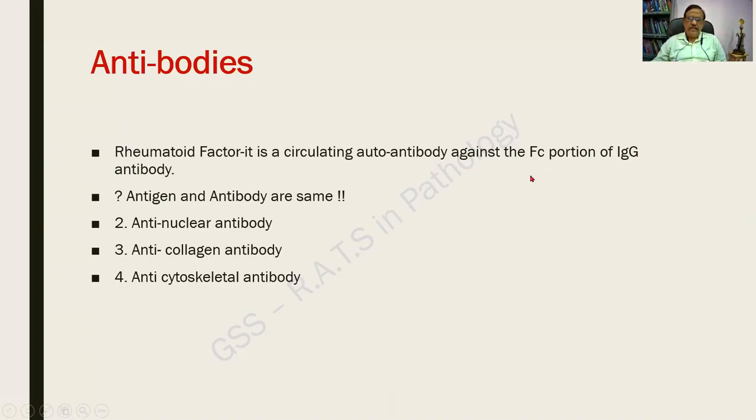It is one strange disease where an antigen itself can be the antibody. The same IgG can act as an antigen as well as an antibody. Antigen and antibody are the same. Apart from this, there can be anti-nuclear antibody, anti-collagen antibody, anti-cytoskeletal antibody. Please remember these because this will be the basis of the pathogenesis. Autoantibodies.